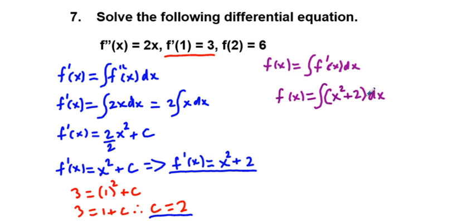And breaking this integral up, we say that f of x is equal to the integral of x squared dx plus 2 times the integral of dx.